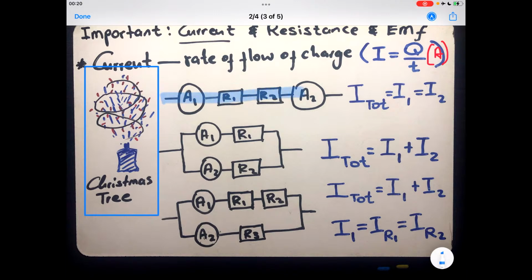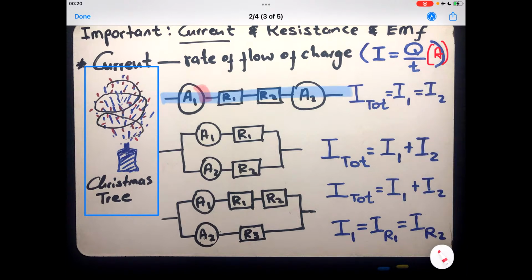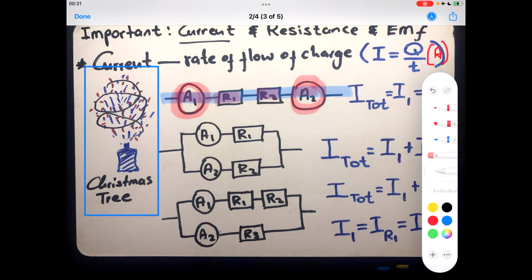You will notice that this water meter is going to read the same amount of water passing through there, because the water does not split in that case. That is why we say the water passing through here is the same as the water passing through there, and there, and there.